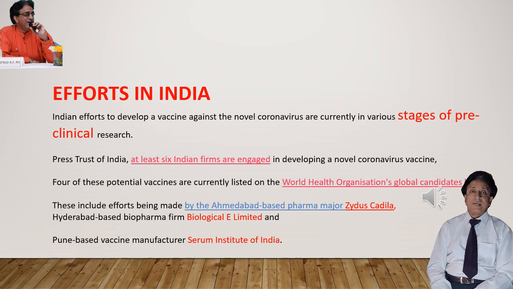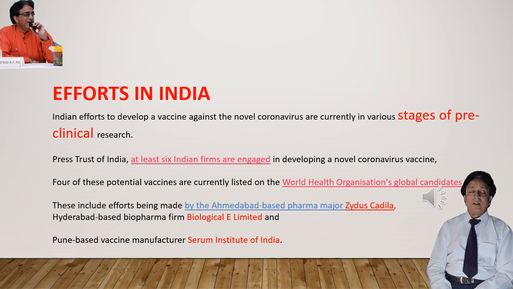The good effort recognized by the WHO in the global list goes to the Ahmedabad based pharmaceutical major company Zydus Cadila, Biological E Limited in Hyderabad and the Pune based Serum Institute of India. One should not undermine the capacity of Indians.